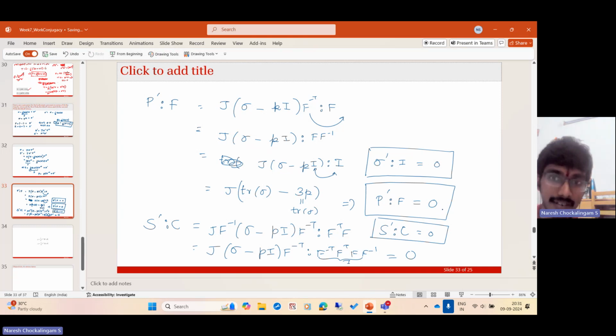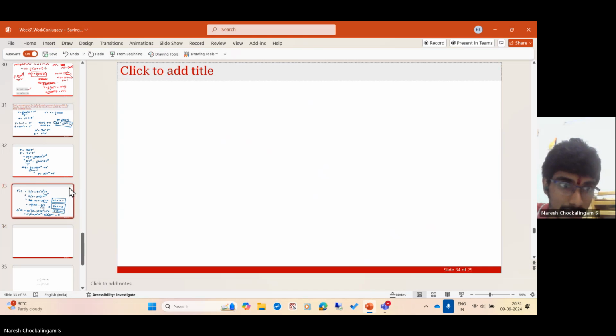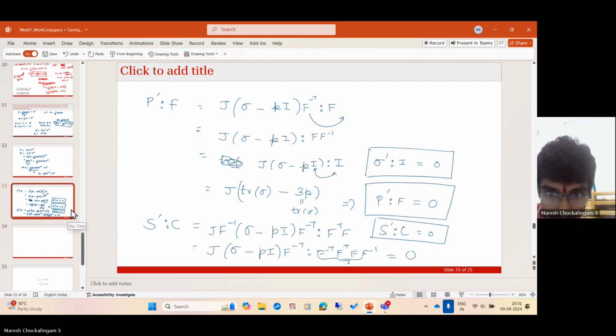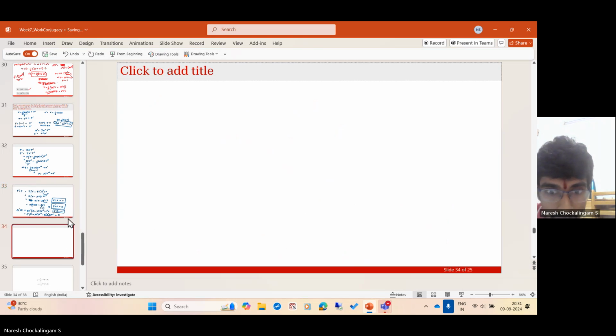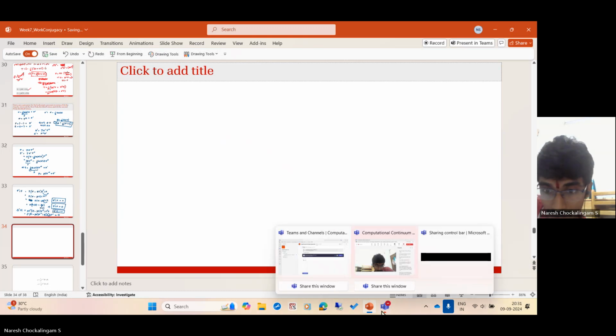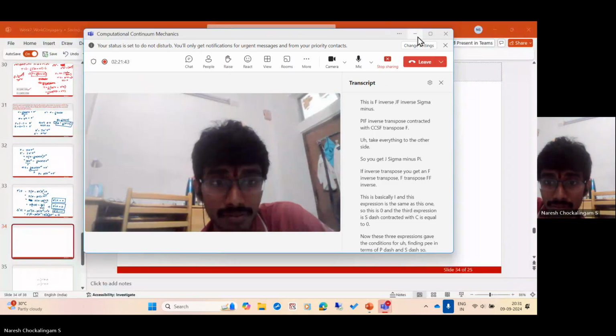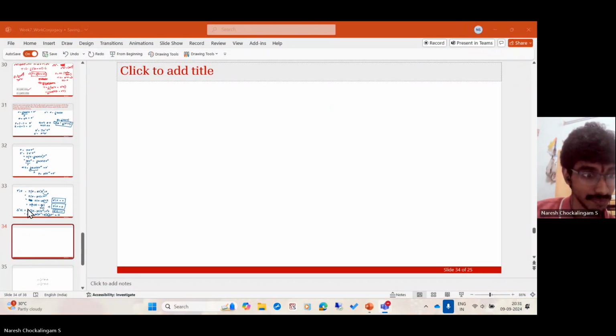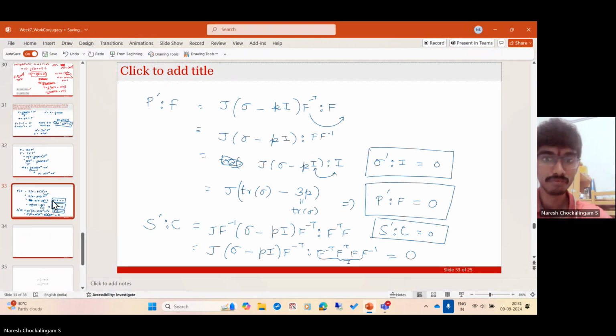Now these three expressions give the conditions for finding P in terms of P dash and S dash. So use the first relation.